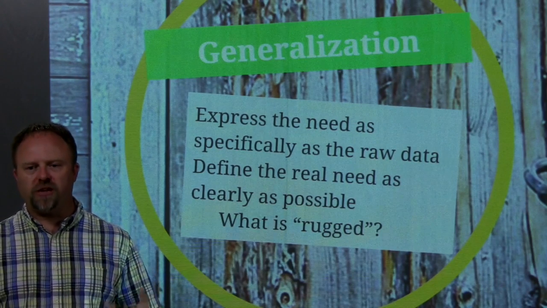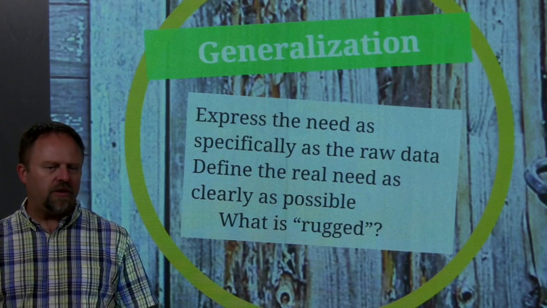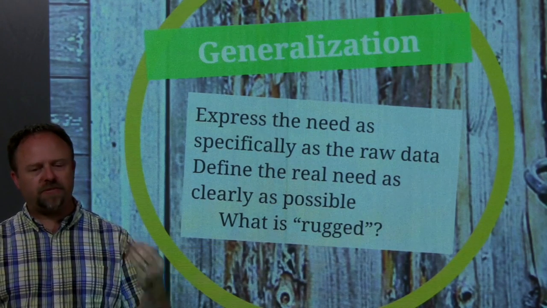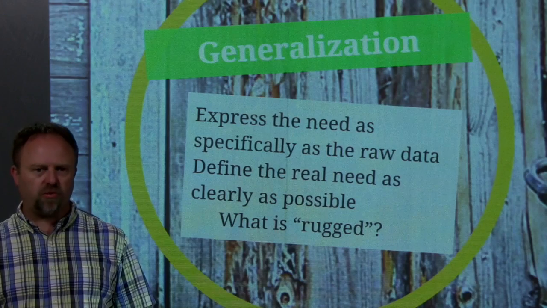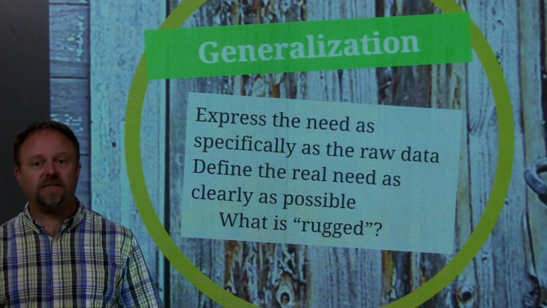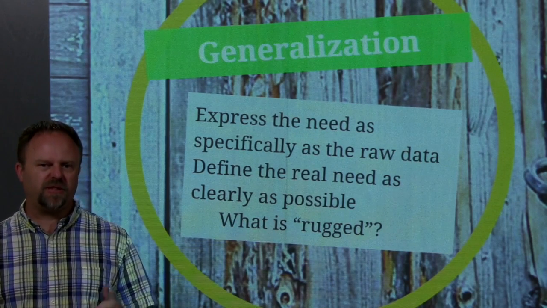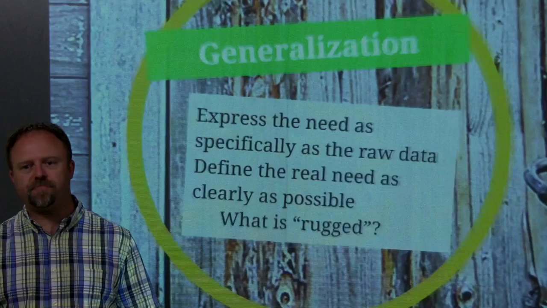So the term rugged is less defined, it's ambiguous. Saying something about dropping it a specific number of times and saying it still has to work is pretty specific about what the product has to do. When you say it's rugged, how is the engineer going to know what that means?